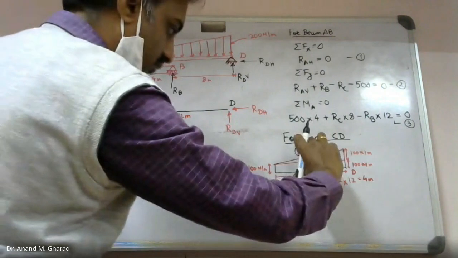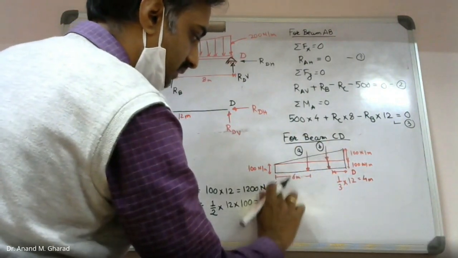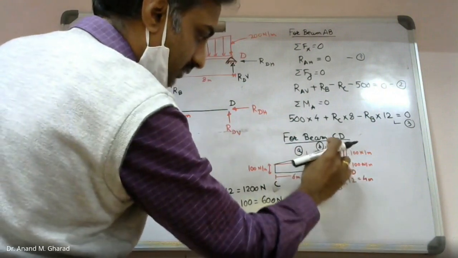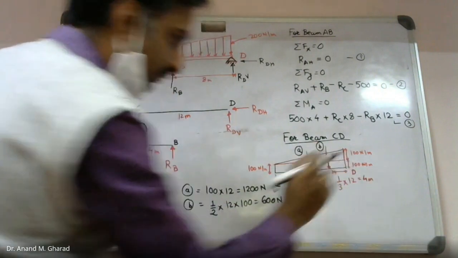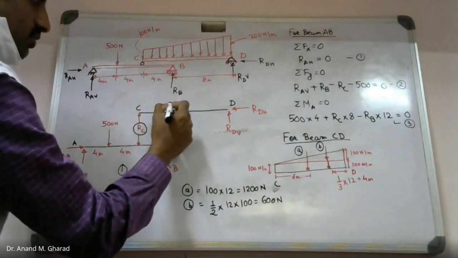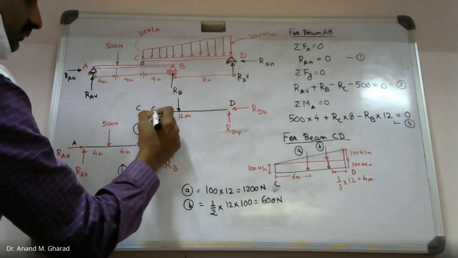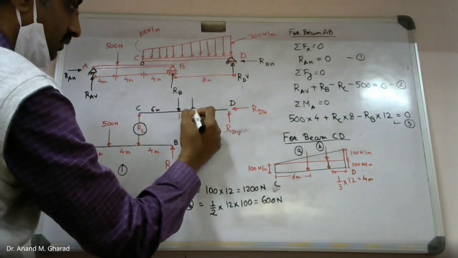And this 1200 Newton is acting at a distance of 6 meter from point C, and 600 Newton is acting at a distance of 4 meter from point D. So I will be placing these 2 point loads over here. This is 6 meter and this will be at a distance of 4 meter.